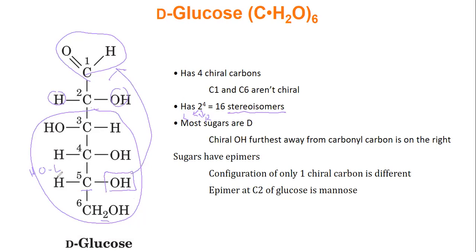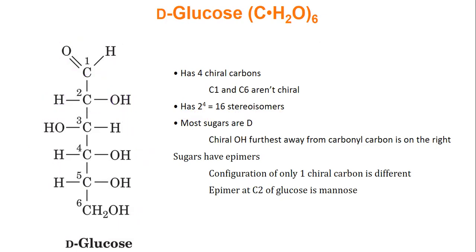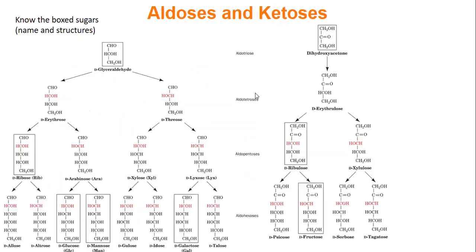To further complicate things, sugars can also have what are called epimers. An epimer is when only one chiral carbon is different. Our example here is glucose and mannose. If we look at glucose and mannose, the only difference is C2.